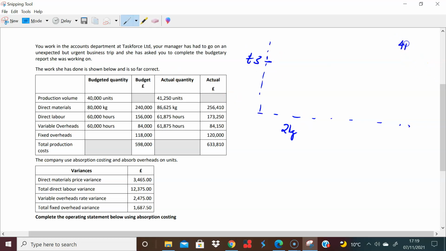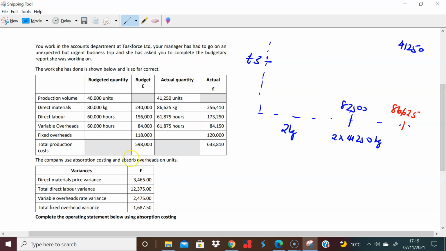So I always put in the side here the 41,250 units. To make 41,250 units, I expect to use 2 times 41,250 kilograms, which is 82,500. I expect to use 82,500, but you have used 86,625. So from an efficiency point of view, I can find the difference now.